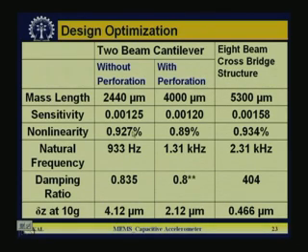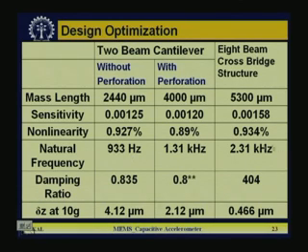So, we found that the mass length, the L value, which is the distance between the center of mass and the fixed edge, without perforation is this one, with perforation is 4000. Sensitivity found is almost in both the cases very close, and nonlinearity is 0.927 and 0.89.